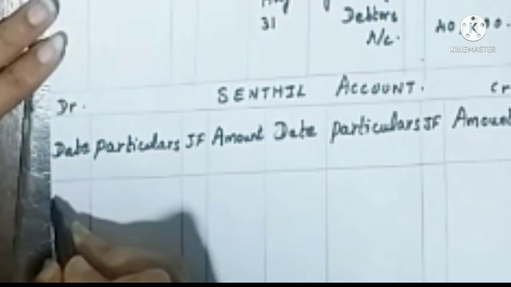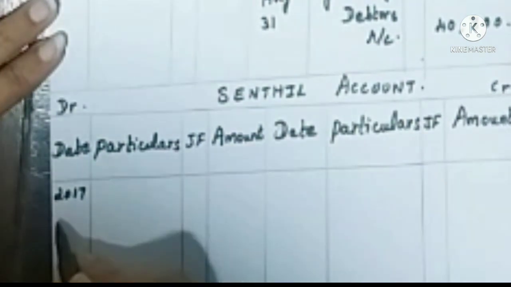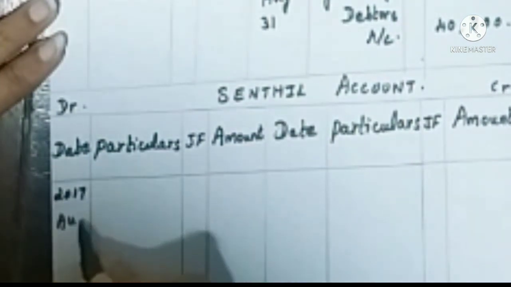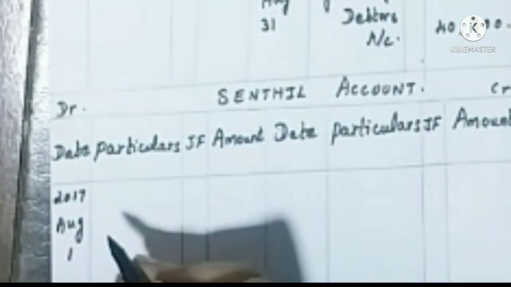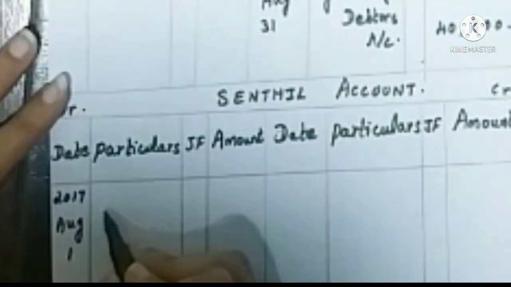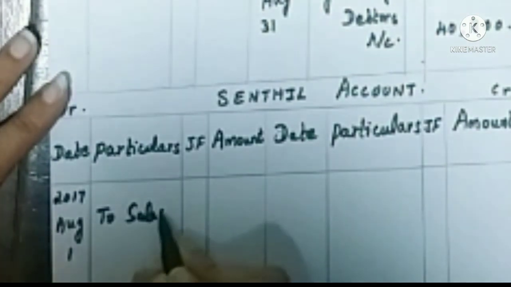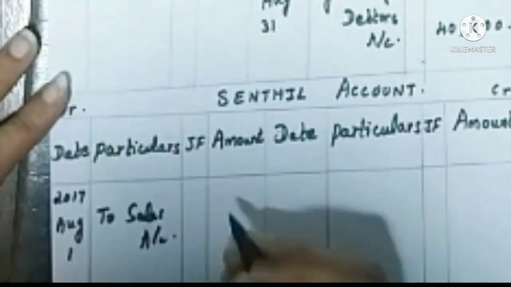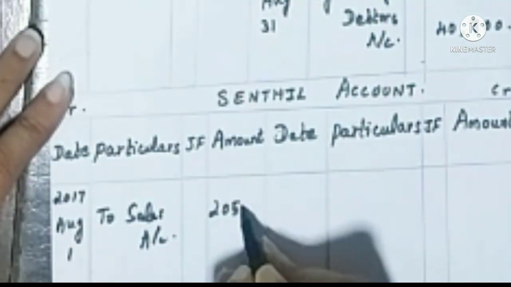So, year is 2017, August 1st. Senthil is debited, so we write it on the debit side to sales account. Amount is rupees 20,500.